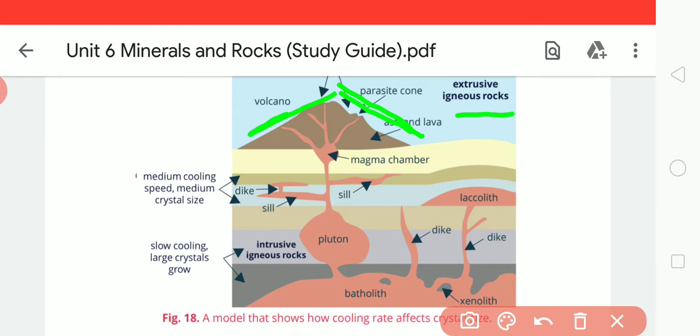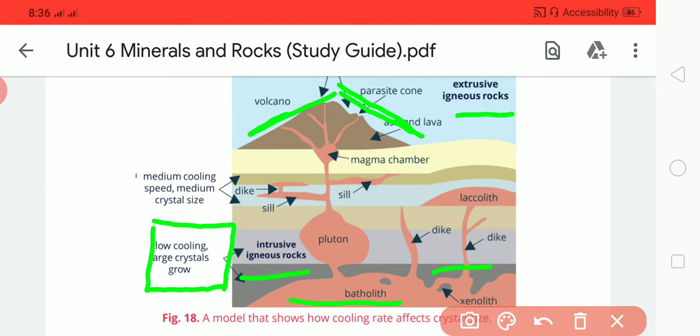On the other hand, the intrusive igneous rocks are the ones that solidify underground, or beneath the Earth's surface. Kaya nga meron silang large crystal growth and then slow cooling lang din sila.